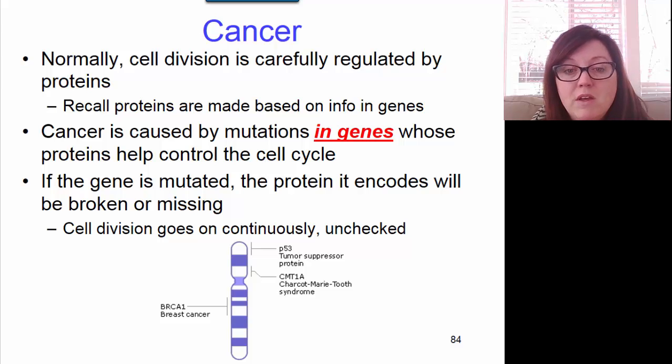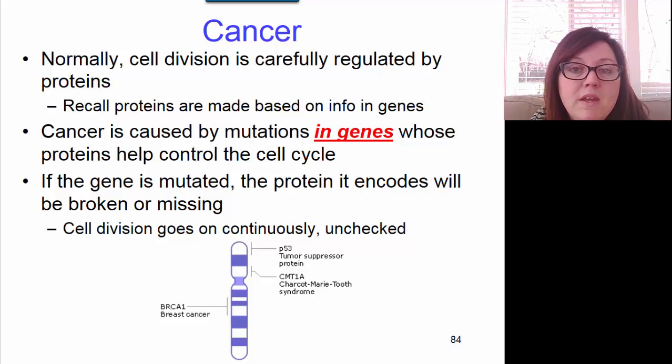And so we have a genetically modified cell that's now going to just replicate, right? And then we get daughter cells, and then those replicate, and you get this unrestrained, unrestricted cell growth, cells multiplying, and you end up with tumors. So cell division goes on continuously, unchecked.